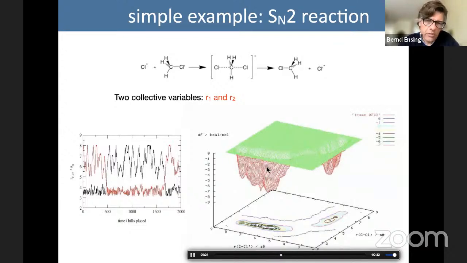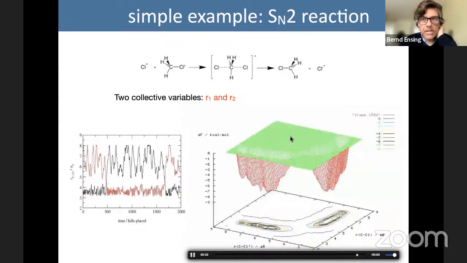But of course, if we make minus this landscape, then they are positive instead of negative. That's the real biasing potential, the metadynamics biasing potential. And so if I put one somewhere in this landscape, let's say in the middle, I put a little bump, it's a 2-dimensional bump, then the system can either decide to move away from that bump in the direction of this distance, or the direction of that distance, or maybe both, right?